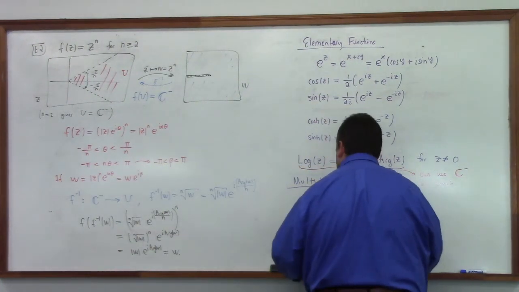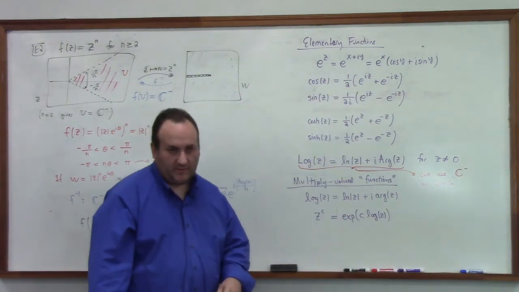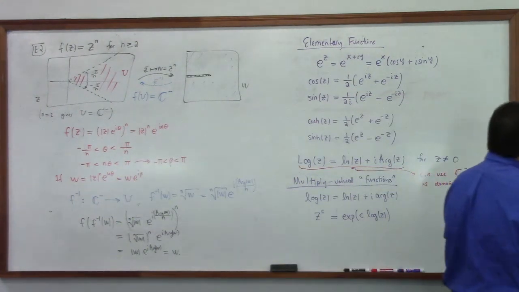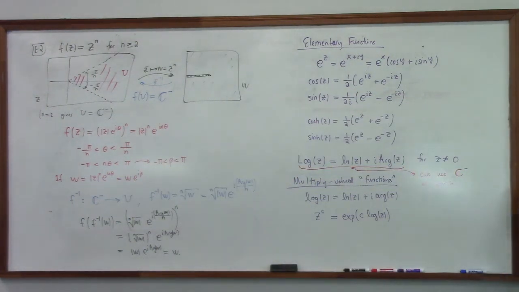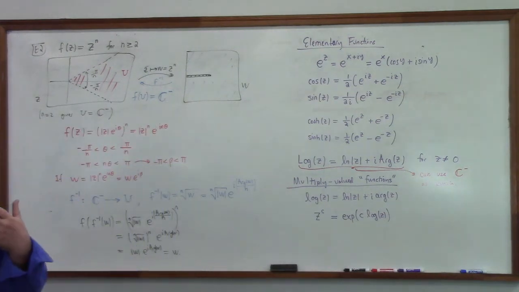Let me not get too sophisticated here just yet. Let's actually look at how to calculate the logarithm of a complex number. One of the things you want to do, in terms of all these elementary functions, is understand how they behave as mappings.